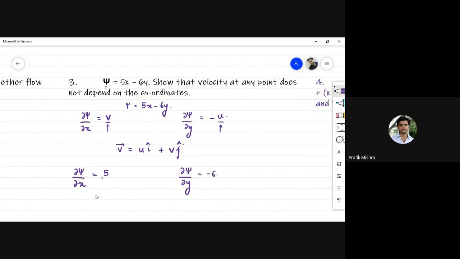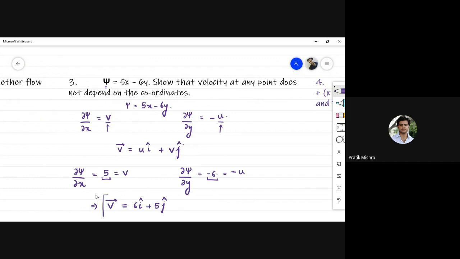So this 5 is basically v, and this minus 6 is minus u. So if you need to write the velocity vector, your velocity vector V comes out to be 6 times i cap plus 5 times j cap.